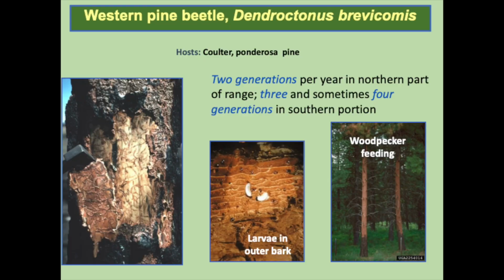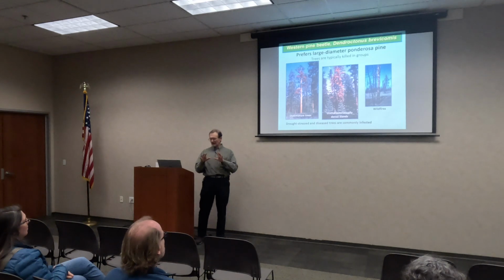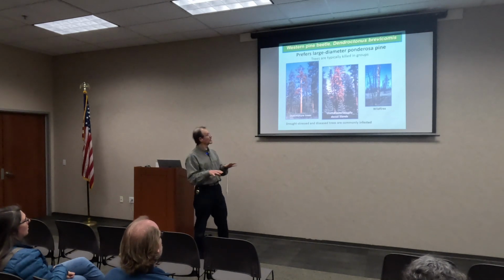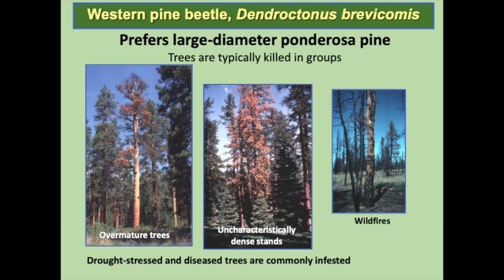Western pine beetle, this is probably our most important bark beetle in California. It's the one we hear about. It's the killer of ponderosa pine. It also attacks Coulter pine. In an endemic situation, where it's not in an outbreak, it prefers trees that are over mature and stressed just by age.